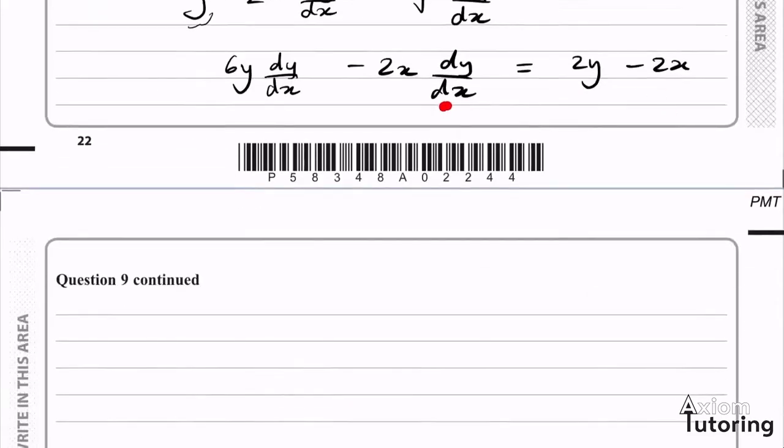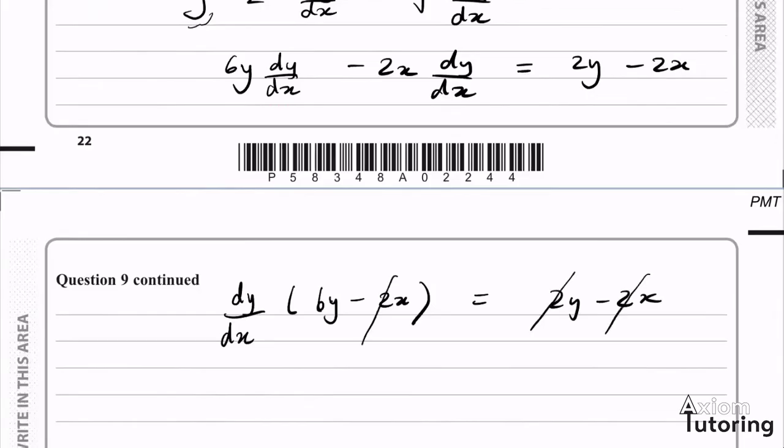From here, let's factorize out the dy over dx, pull that out and bring in some brackets: 6y minus 2x equals 2y minus 2x. You might notice all the terms are divisible by 2, so we can get rid of 2. That 6 just becomes a 3. Then dy over dx on the left is isolated, and we get y minus x on the right all over 3y minus x.